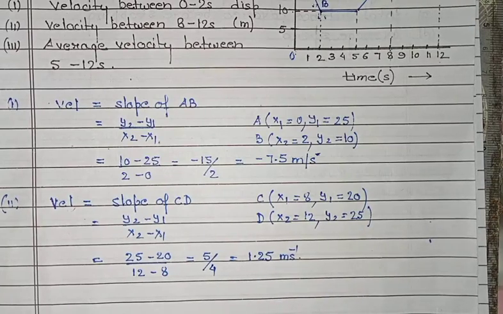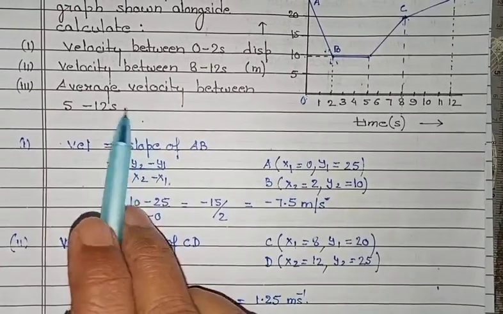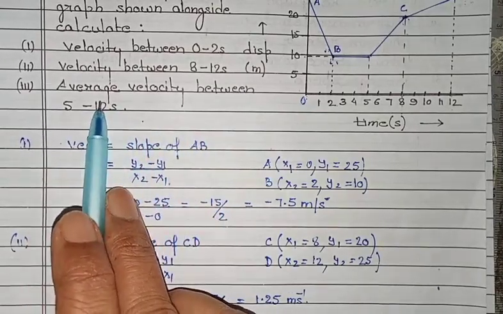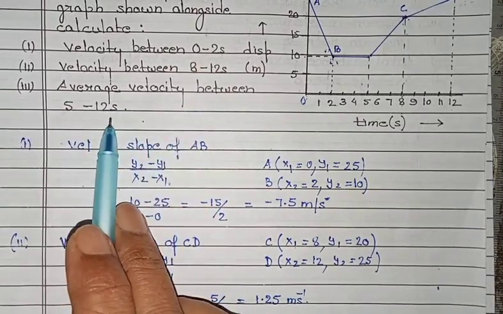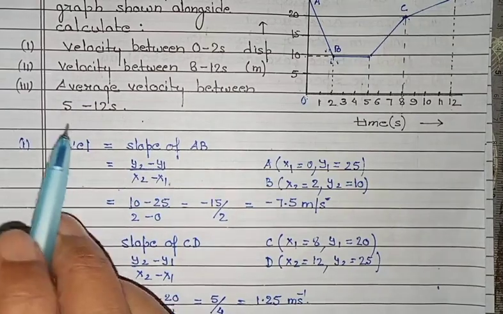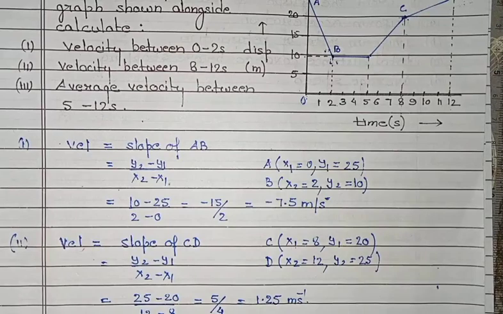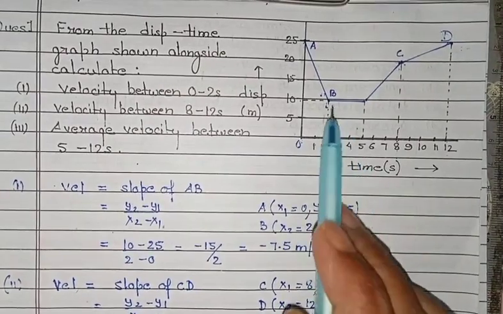Okay, the next we have, you have to calculate average velocity between 5 to 12. Now if you have to calculate average velocity between 5 to 12, that means first of all you need to calculate distance traveled between 5 to 12. So let's see how much is the distance between 5 to 12.